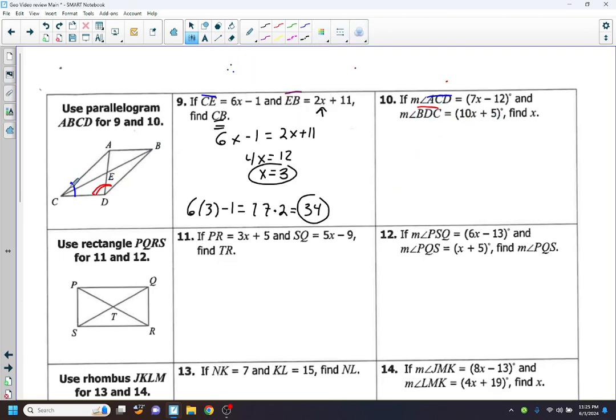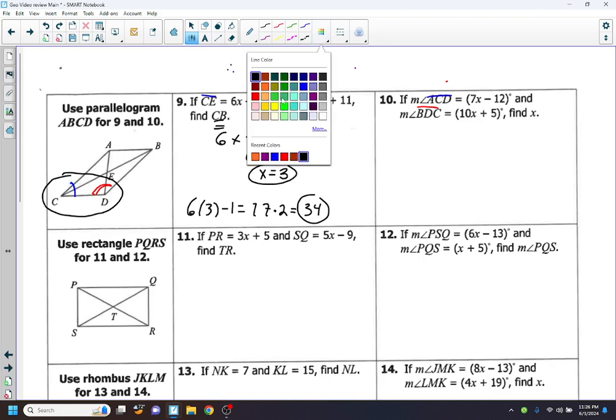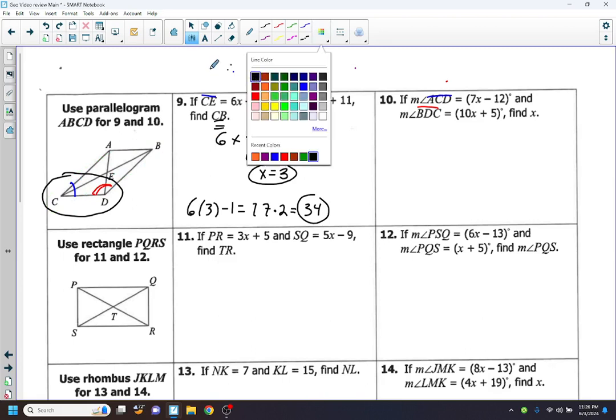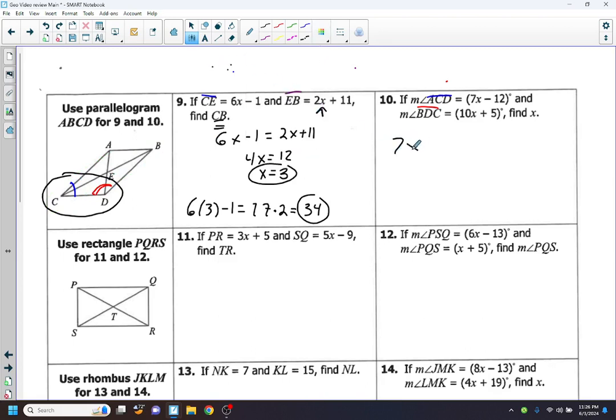In this case, two consecutive angles in a parallelogram are supplementary. Diagonally, as a reminder, like C and B would be congruent. But when they're sharing the same line, or what we call consecutive, they're supplementary. So in this case, I would do 7x minus 12 plus 10x plus 5 equals 180. After that, do a little algebra.